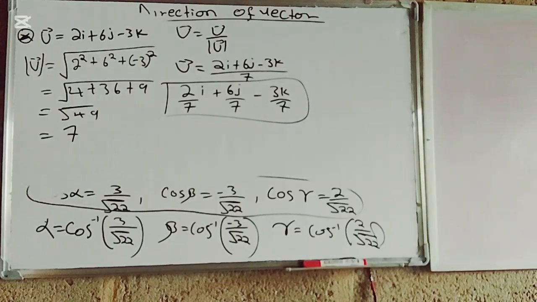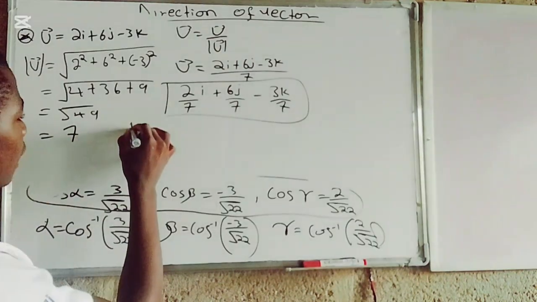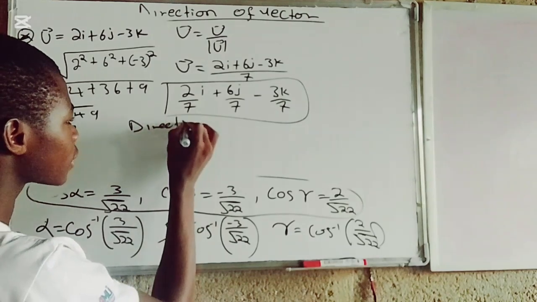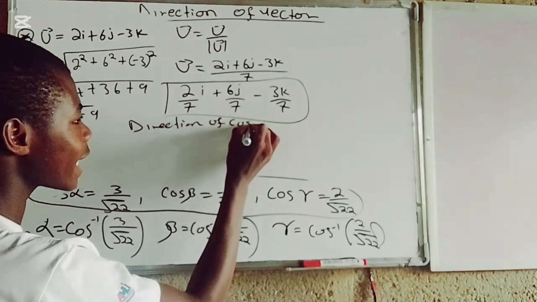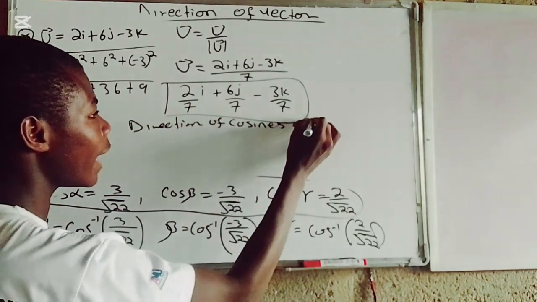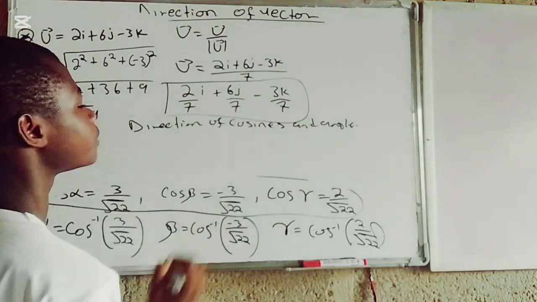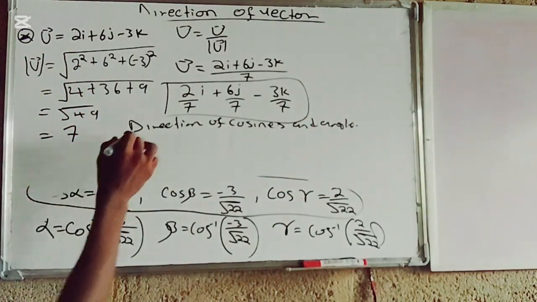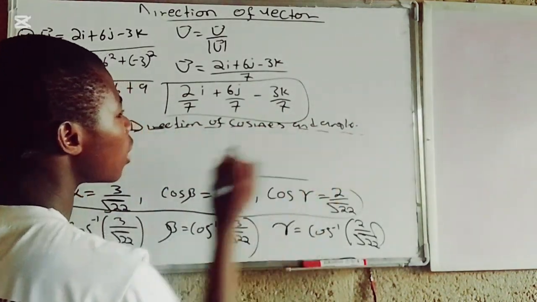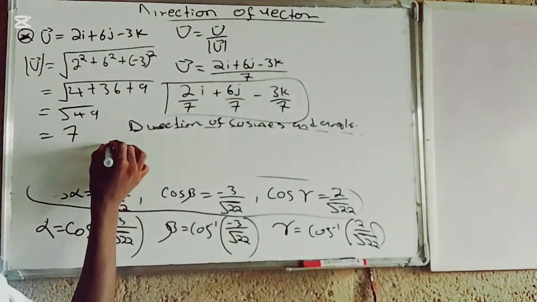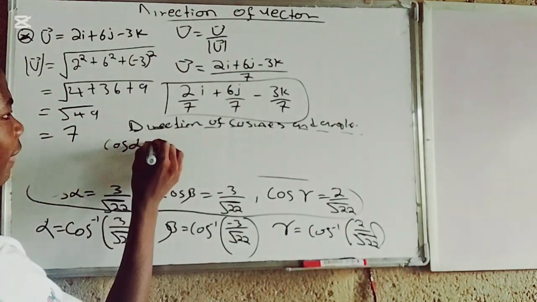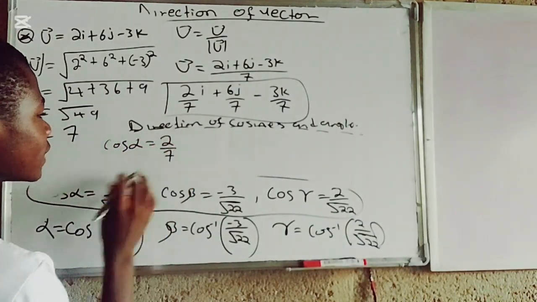So if we're asked to find the direction cosines and angles, I have to say cos alpha is the same thing as 2 divided by 7.